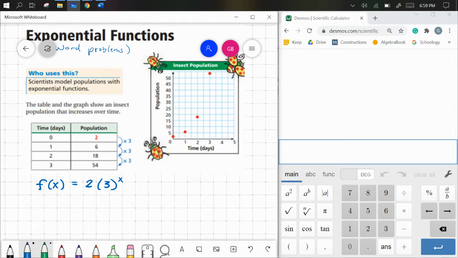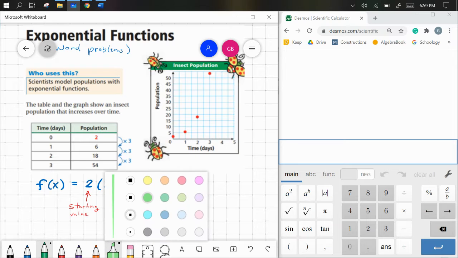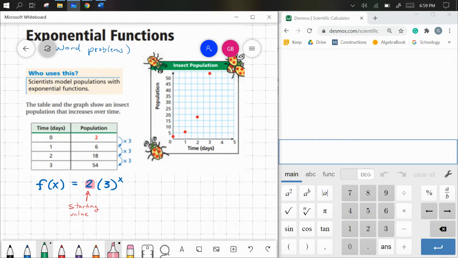And each part of this equation has a special function. Notice that this 2 here is the starting value. This 2, the starting value up here.